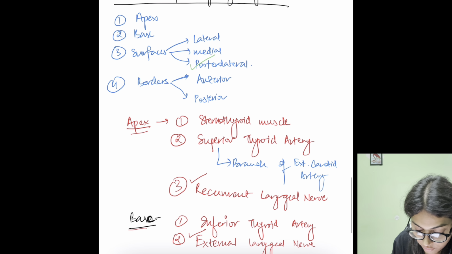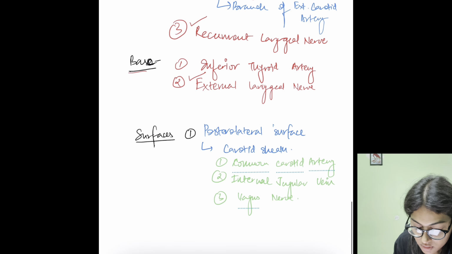So on the posterolateral surface we have the carotid sheath, and its contents are the common carotid artery, internal jugular vein, and the vagus nerve.